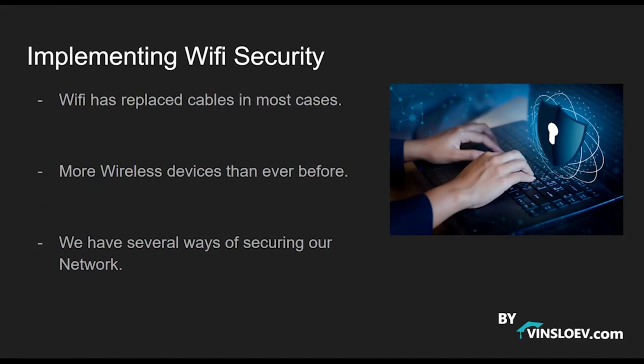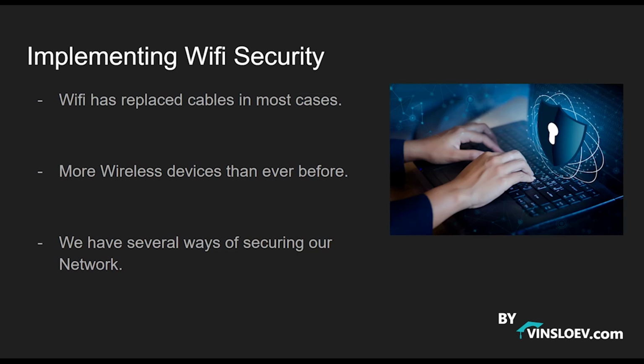So Wi-Fi security, and why it is important to implement and be aware of how to use secure Wi-Fi. Basically, Wi-Fi has replaced the cables in most cases. So before, when Wi-Fi wasn't that popular, almost every device and computer was connected to the internet through cables.